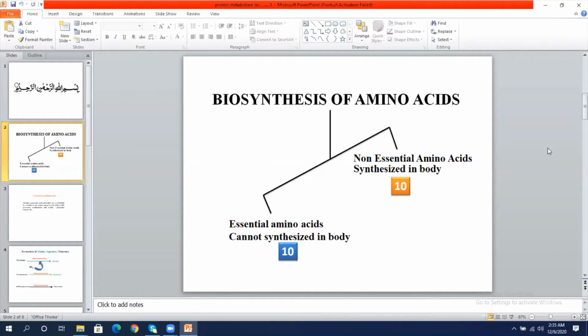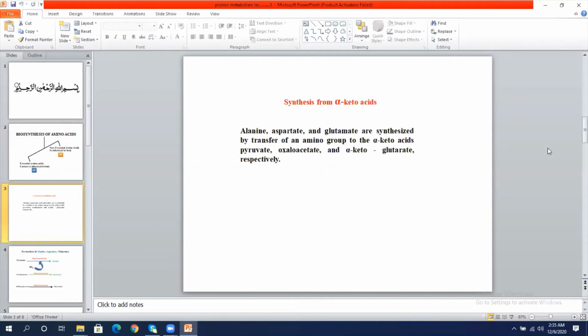So we will discuss only those amino acids which are synthesized inside our body. So we will discuss the biosynthesis of each non-essential amino acid 10 by 10.